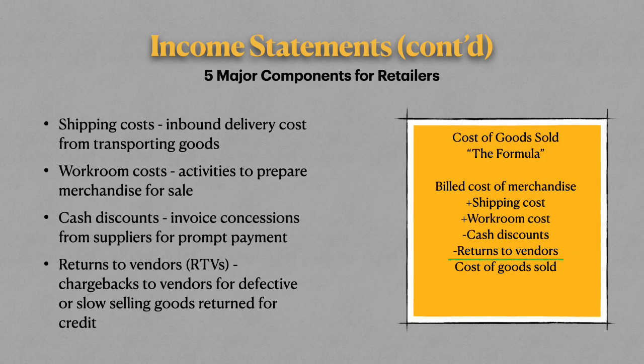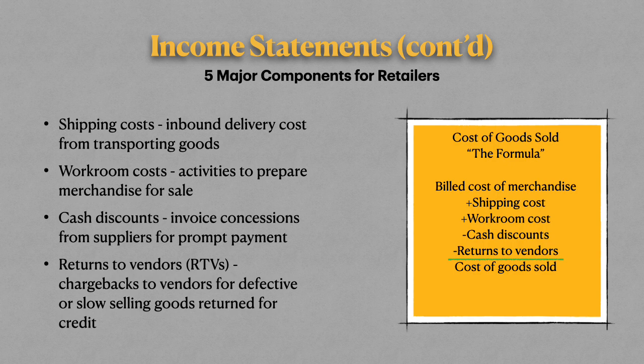So continuing with our income statements, you also have the formula for cost of goods sold. That formula is taking your billed cost of merchandise, adding your shipping costs, adding your workroom costs, subtracting your cash discounts, and subtracting your returns to vendors.